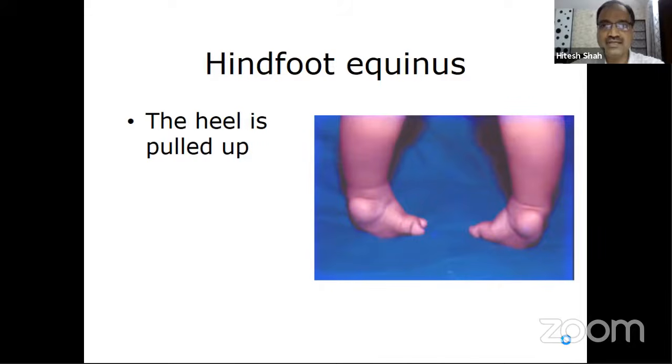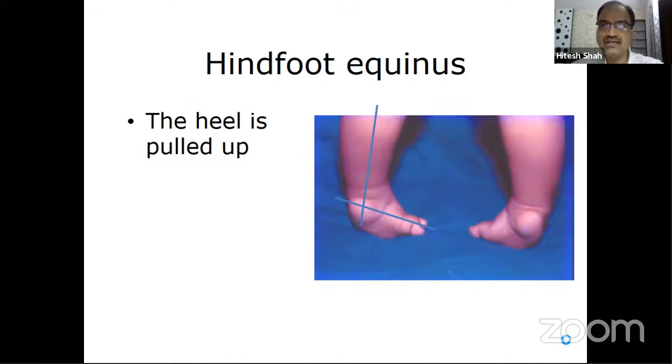Hindfoot equinus is easily identified by the heel being pulled up because of the strong Tendo Achilles. Clinically, if you look from the side of the foot, the axis between the tibia and the foot makes an angle of more than 90 degrees. Normally in a plantigrade foot, it is a 90-degree angle between the tibial axis and the foot axis, which would be more in hindfoot equinus.